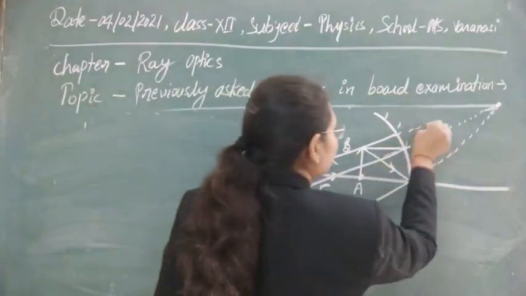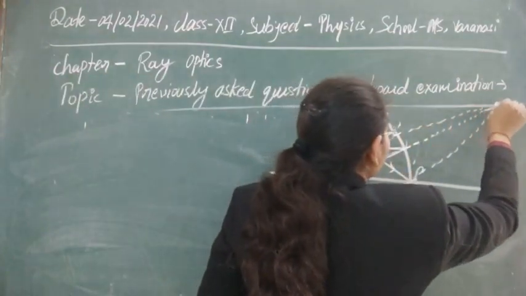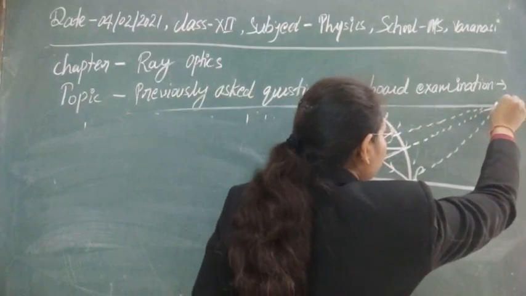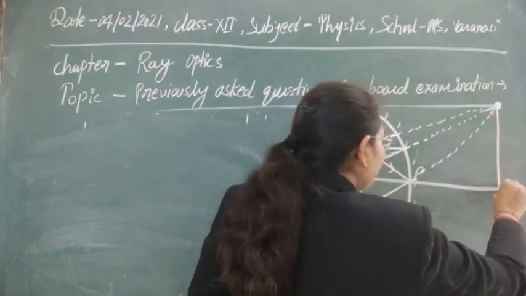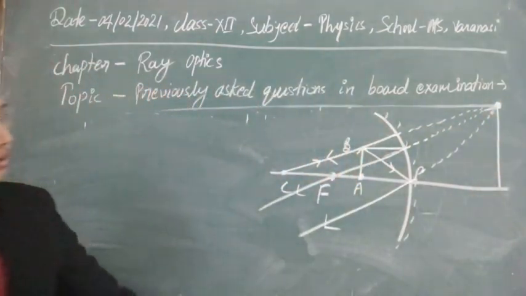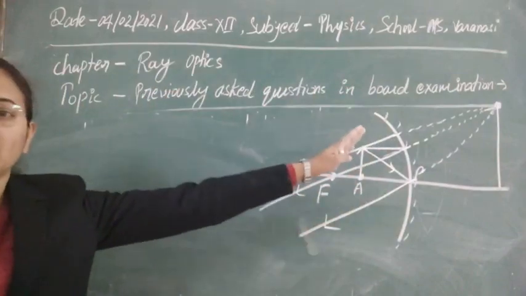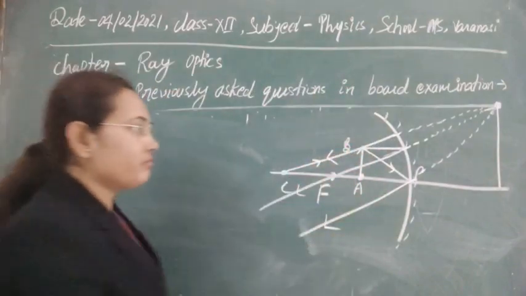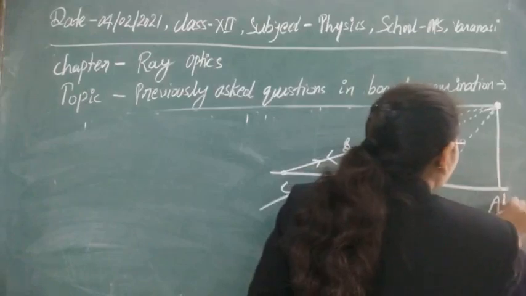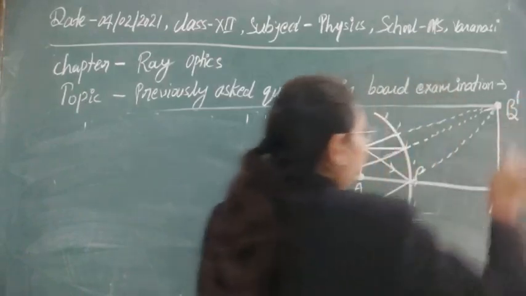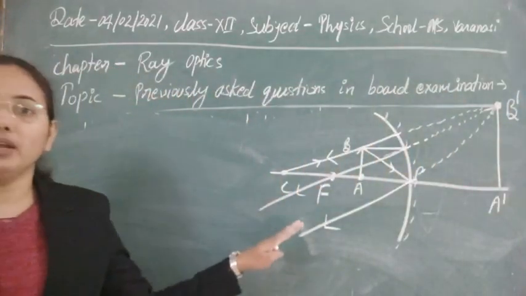So these 3 rays are meeting at this place. It means the image will be formed here, and that image is a magnified and erect image. In this way you can easily make the ray diagram for this particular case.